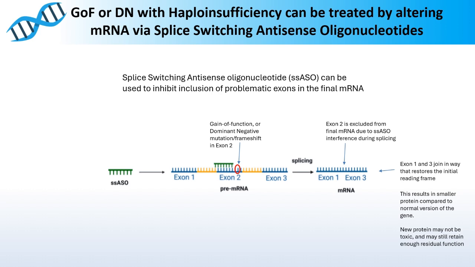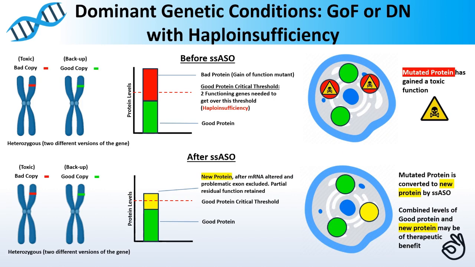But instead, the hope here is that it functions more like the normal version of the protein, or that it at least retains enough of the original function and it can work alongside the correctly functioning protein to make up for this haploinsufficiency. So the idea here is that it's the combined levels of the good protein and the new somewhat functional protein that lead to the therapeutic effect.